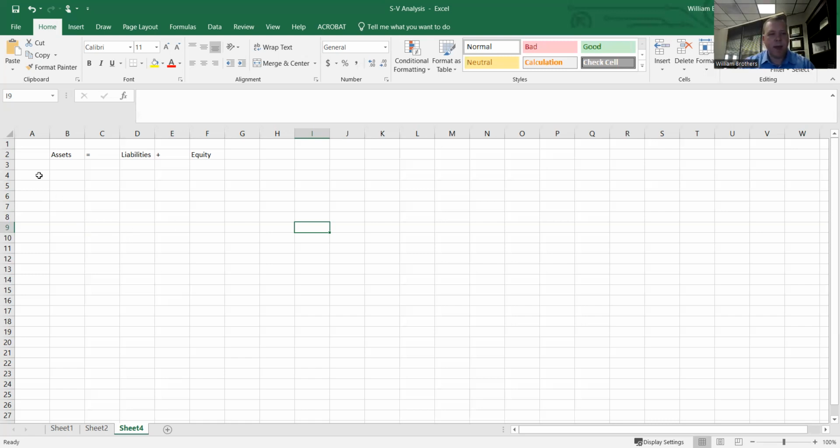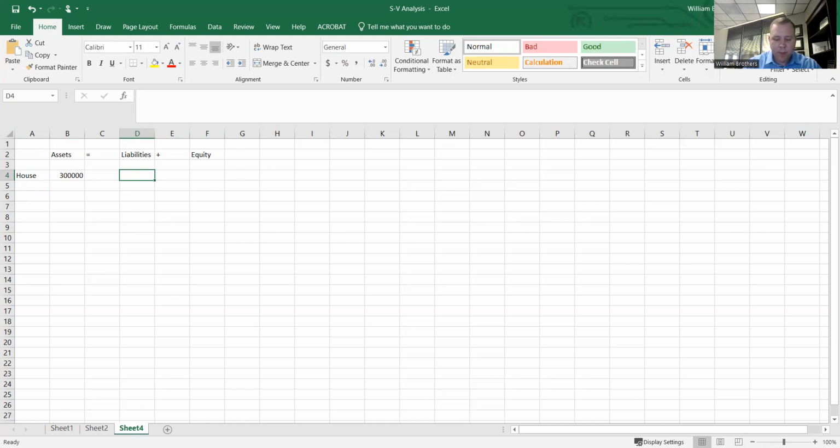Let's say, for example, that I have a house that falls under this asset category, and that house is valued at $300,000. And let's say that at the time when I purchased the house, I was required to put down a 20% down payment.